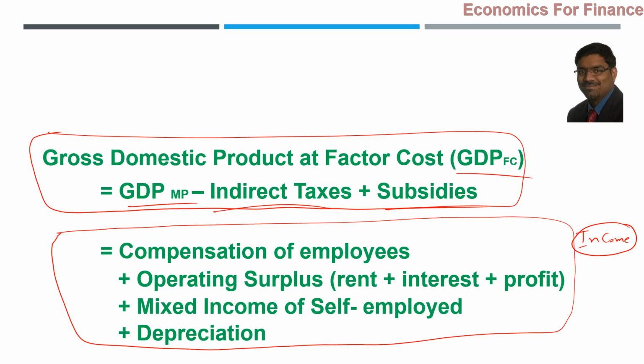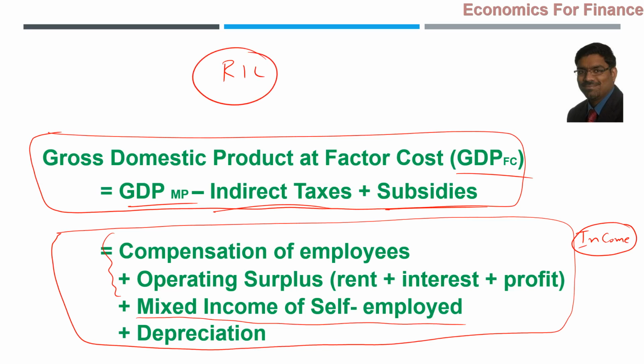And another important aspect, which is a short note question by itself, is mixed income of self-employed. The first two things may be easy to calculate: compensation, and rent, interest and profit. Let us say there is a big company like Reliance Industries Limited.